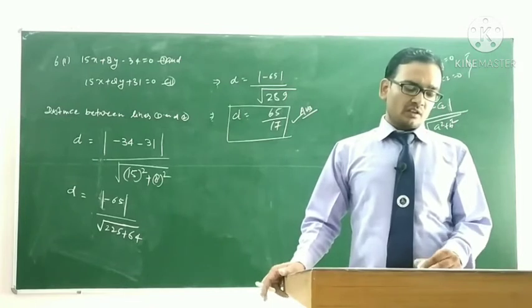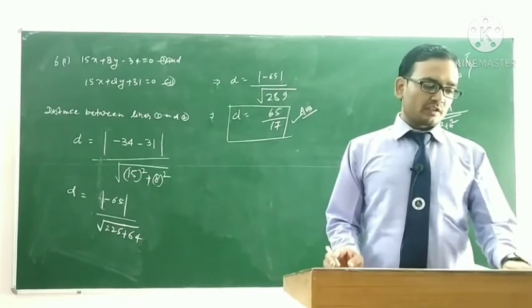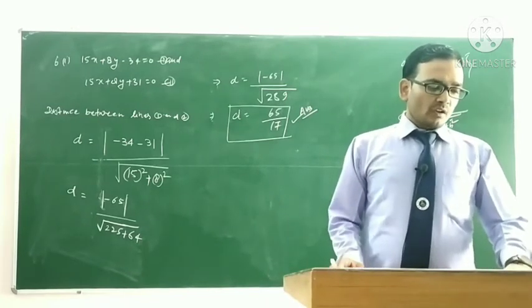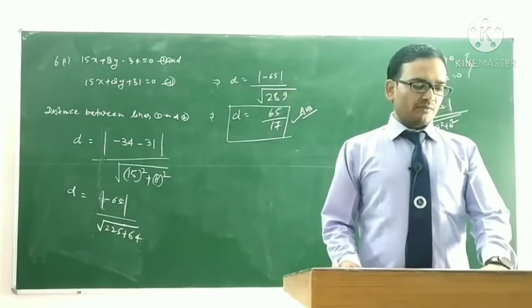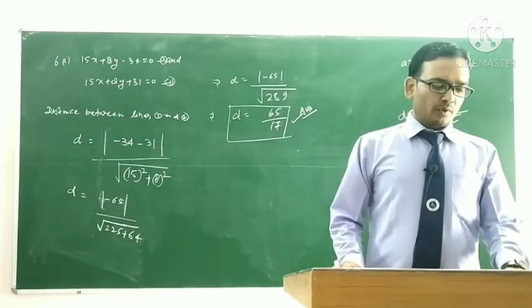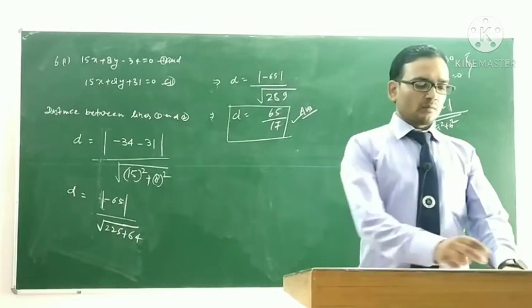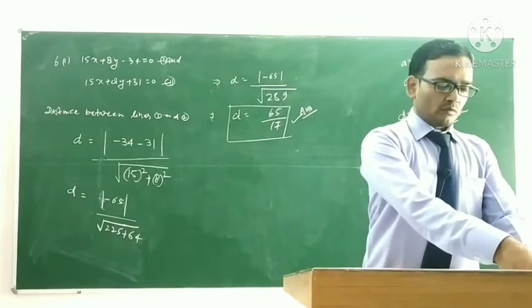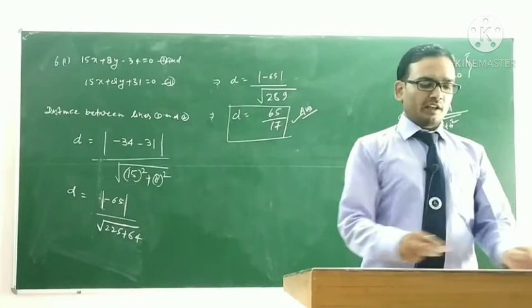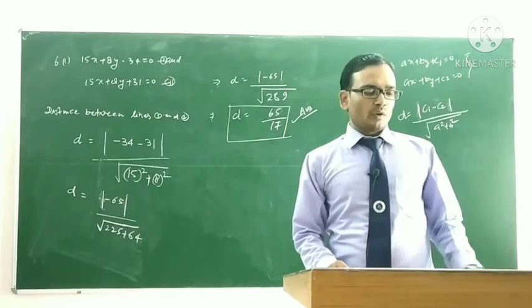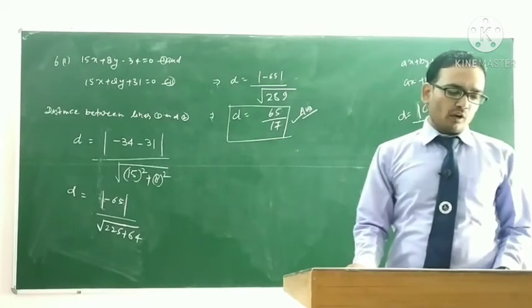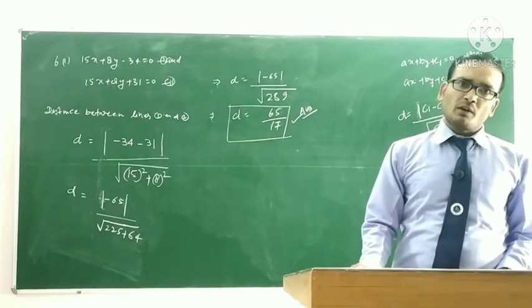Okay students, let us move to question number 7. Find the equation of the line parallel to 3x minus 4y plus 2 equal to 0 and passing through the point minus 2, 3.